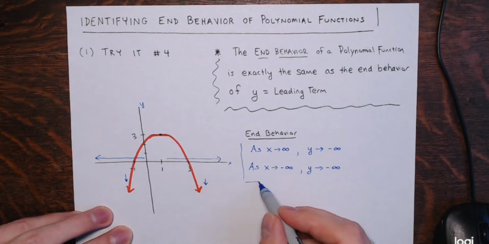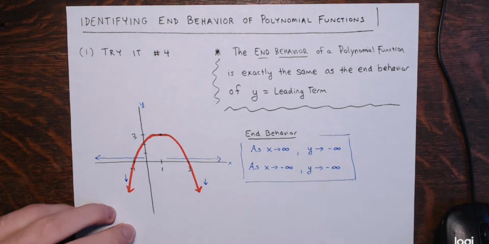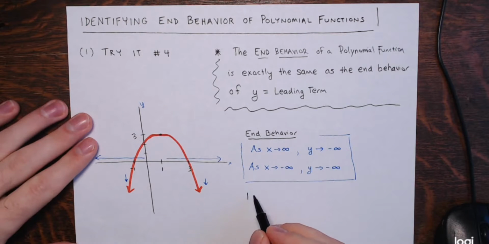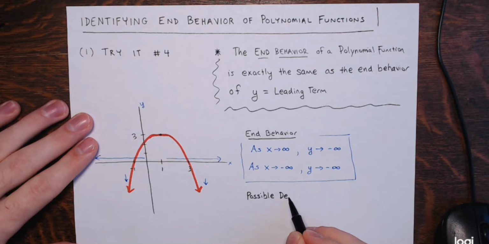That's one thing they asked us to do. And then they asked us, what's a possible degree for this polynomial? Meaning, remember, the degree was the power on the leading term.